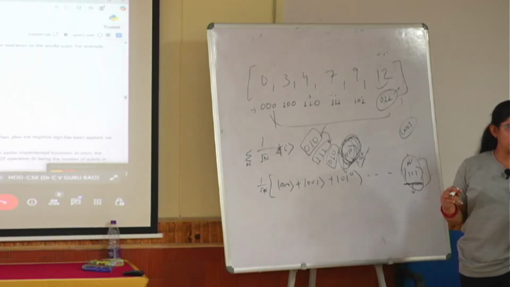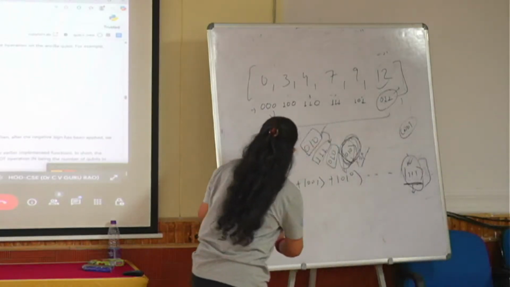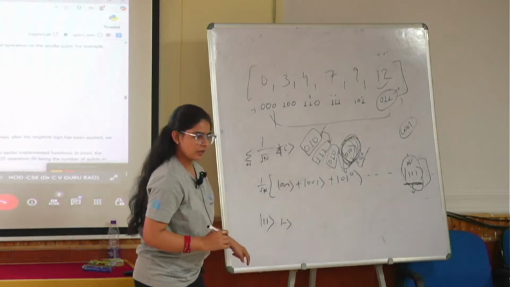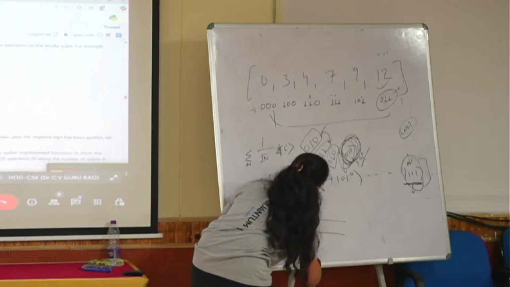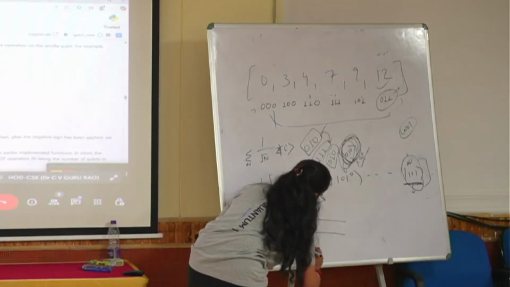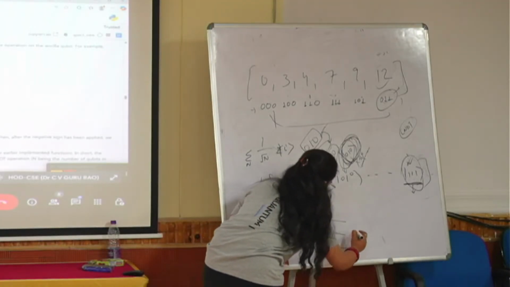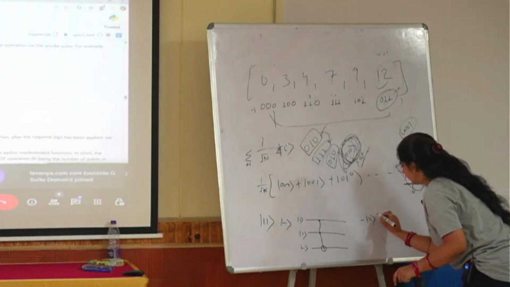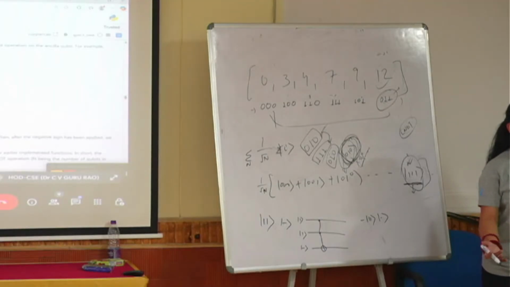From the Deutsch-Jozsa algorithm, I understand that I can do a phase kickback over there. If I have 1 1 1 in this case and minus is here, and I do a C naught, 1 is here, 1 is here, and minus over here, if I do the controlled C naught, what will I get? The output would be minus of 1 1 1 minus. You can do it in your notebook.